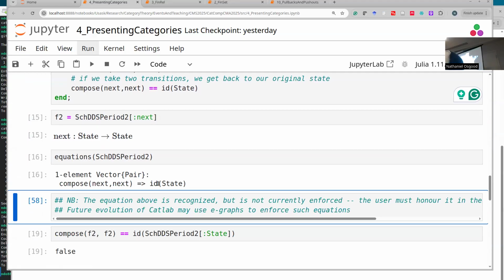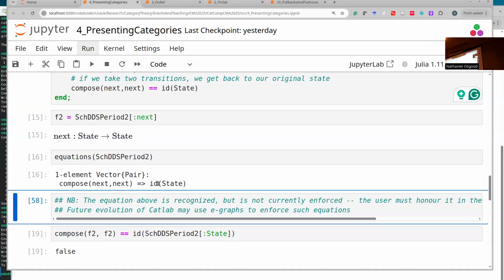Now, I do have to tell you, there are functionalities in Catlab which take advantage of this. For example, Xiaoyan is going to show you AC set colim, and AC set colim actually knows about these relations and is going to use them for great affordances, make certain things much easier to specify.